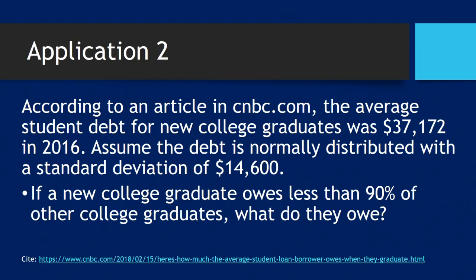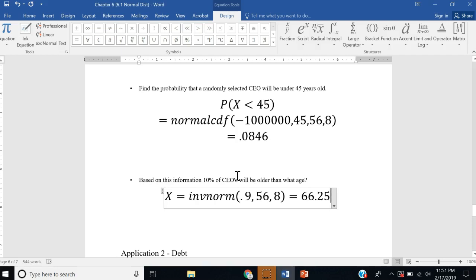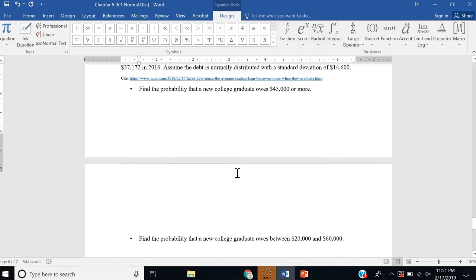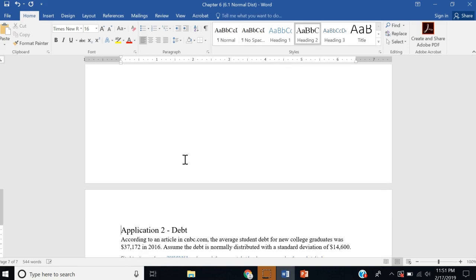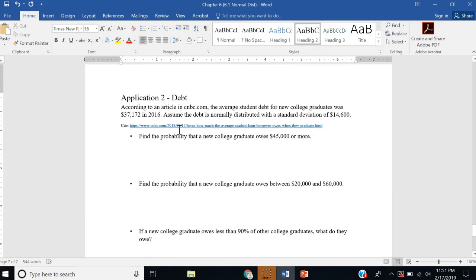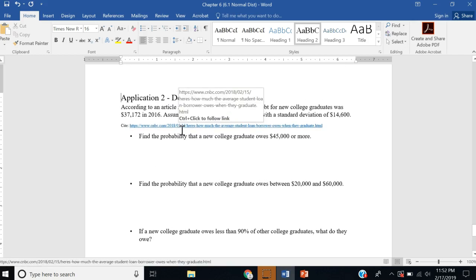I think what's probably easier to read on a screen is a Word document, so I'm going to pull up the Word document. If you can't read that, you can always get out the guided notes yourself. So push pause on this video and then we'll come back and finish it.